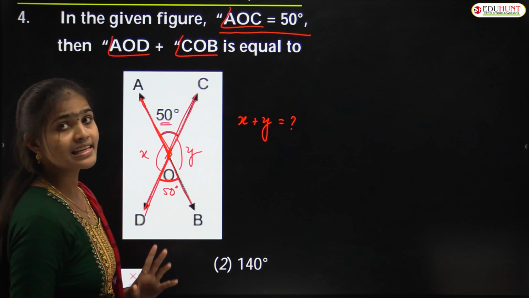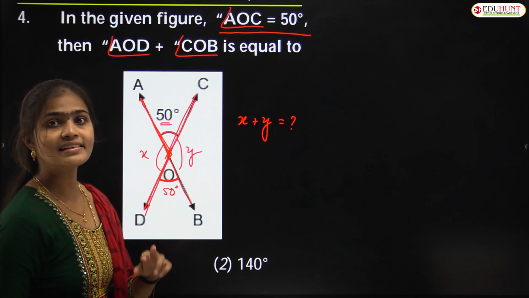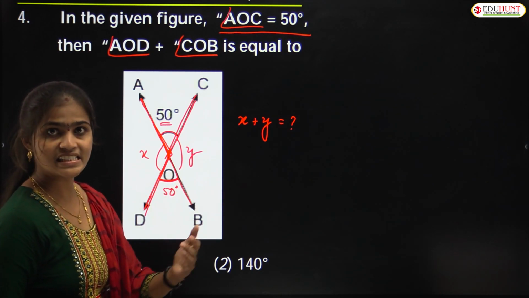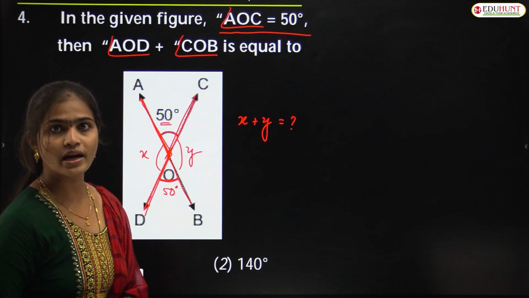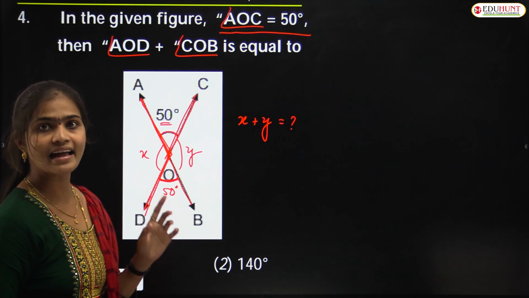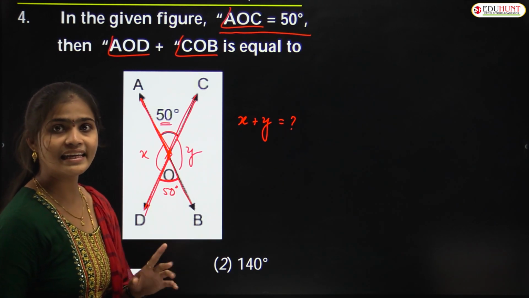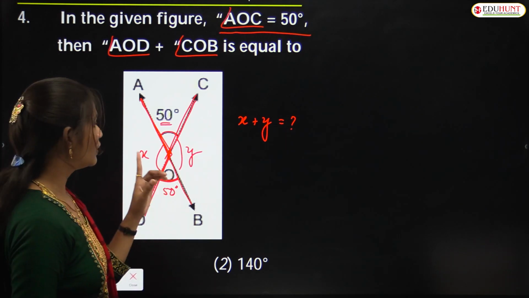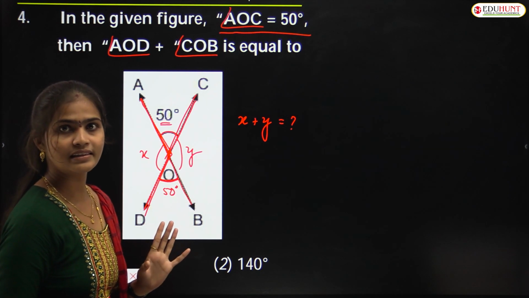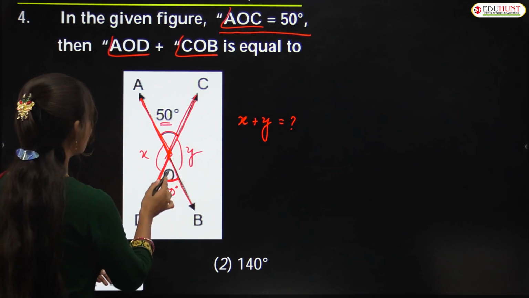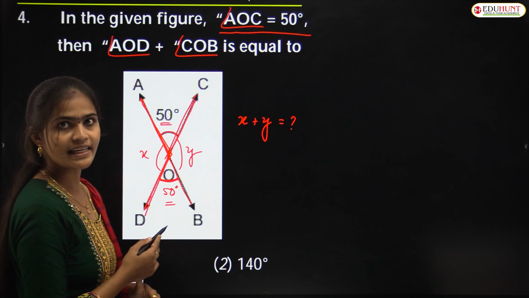When the lines are intersecting, the angles formed opposite to each other are called vertically opposite angles. And we know that vertically opposite angles are equal. We already know that theorem proof in the theory part, right? So by using that condition, here also the angle is equal to 50 degrees.